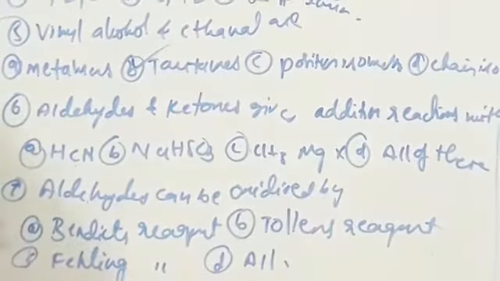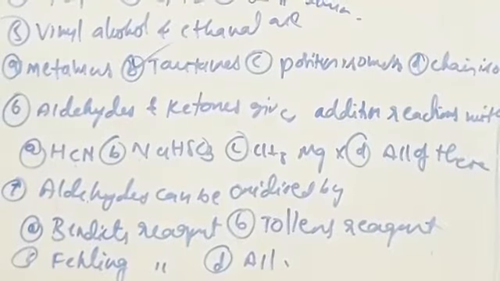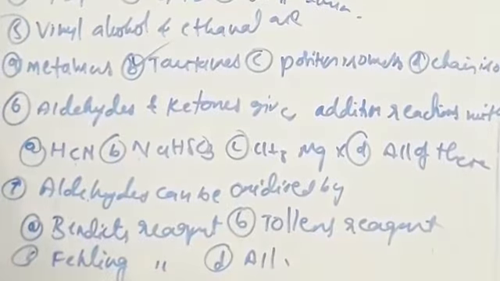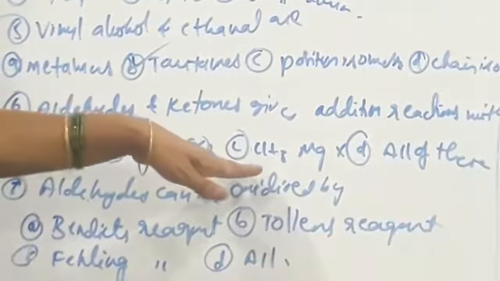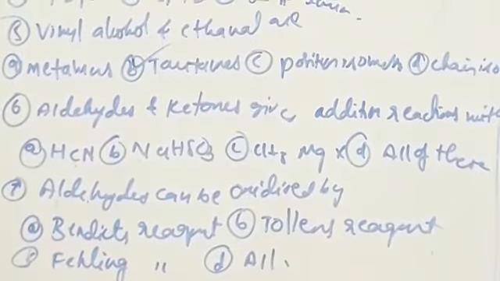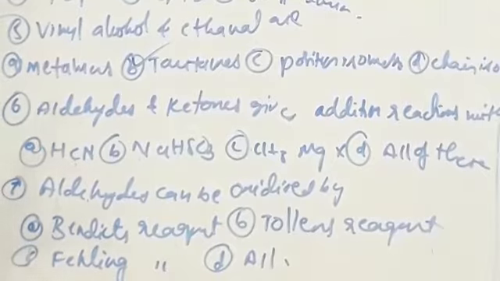Next, aldehydes and ketones give addition reaction with. So different reagents are there. HCN, hydrogen cyanide, sodium hydrogen sulfite, methyl magnesium halide, Grignard reagent. All of these. So you know that in addition reactions we get a product with the addition of hydrogen cyanide, sodium bisulfite, Grignard reagent.